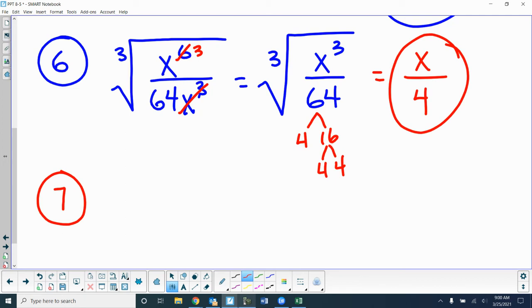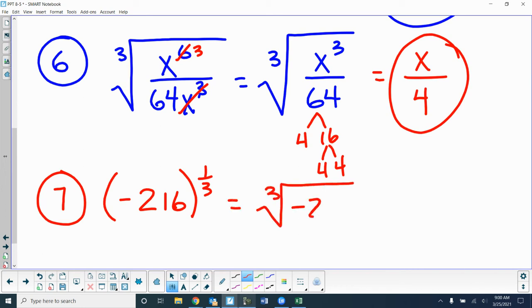But since my exponent is actually an odd denominator, this is possible. And remember, this is the same as this, so you can think about it either way.